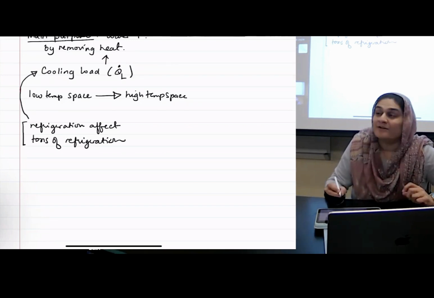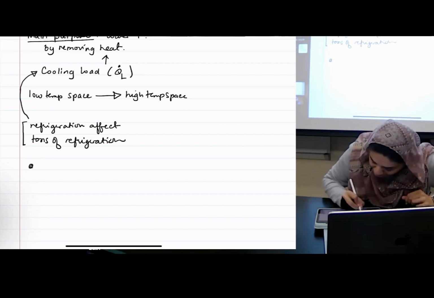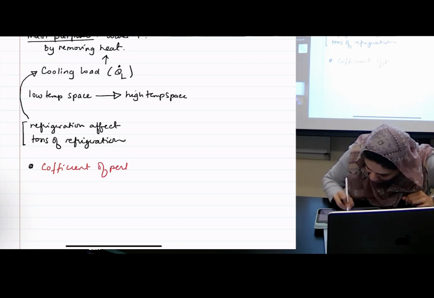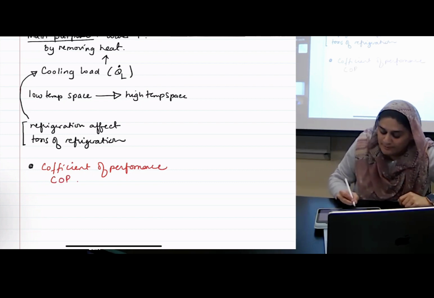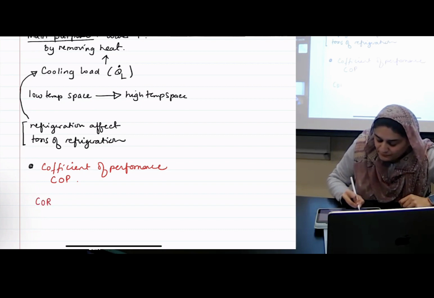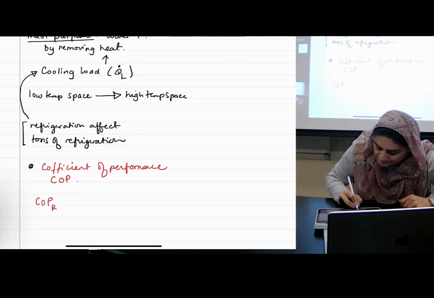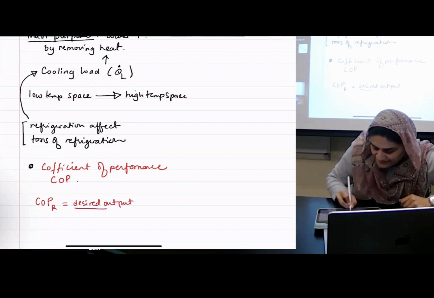We call these the coefficients of performance, or you will see it written as COP. And COP for a refrigerator is the desired output divided by the required input.